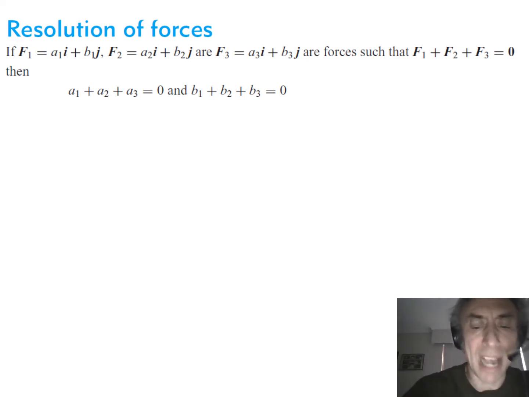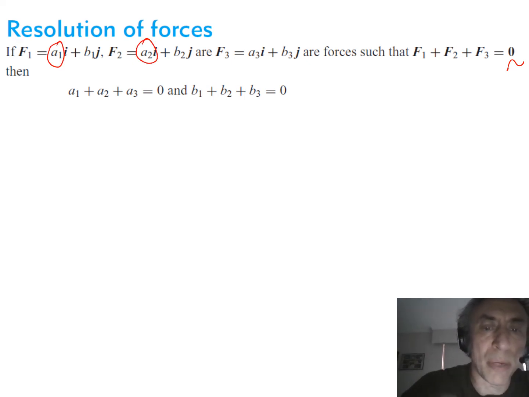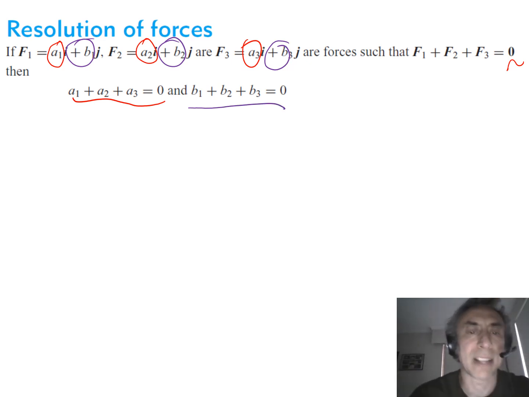If they are in equilibrium, it means the 3 forces sum to the 0 vector. And what does that mean? It means each of their i components, when summed together, equals 0, and each of their j components, when summed together, is equal to 0. That's effectively what we're doing in these particular problems.